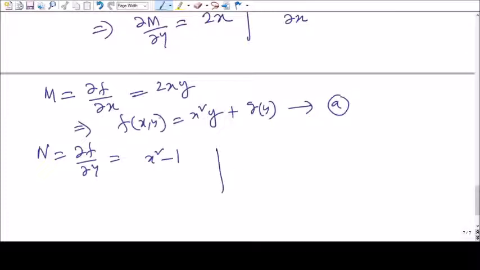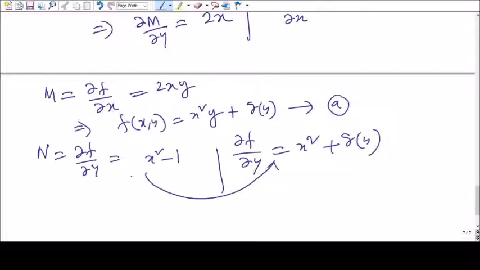Now differentiating equation A with respect to y, we get ∂f/∂y equal to x² plus g'(y). Now comparing these two equations, we can calculate the value of the unknown function g(y).